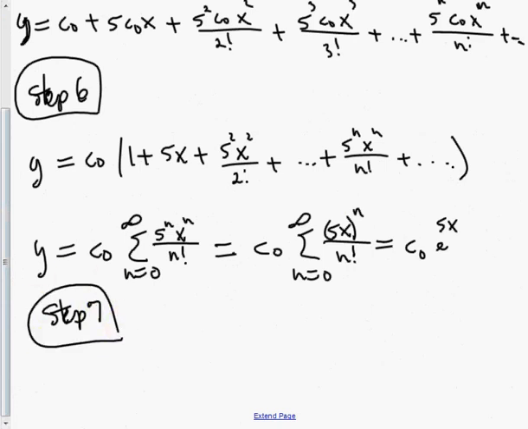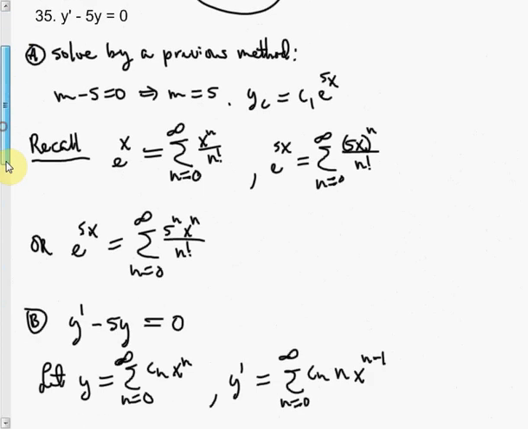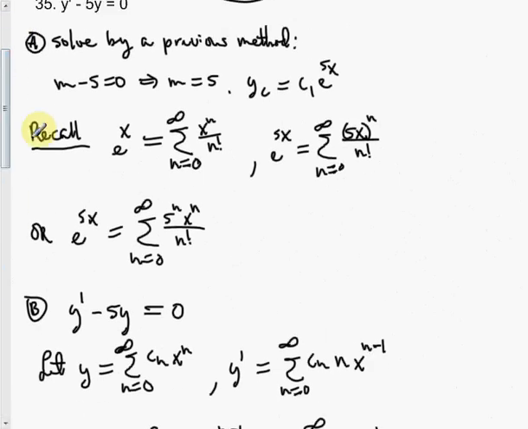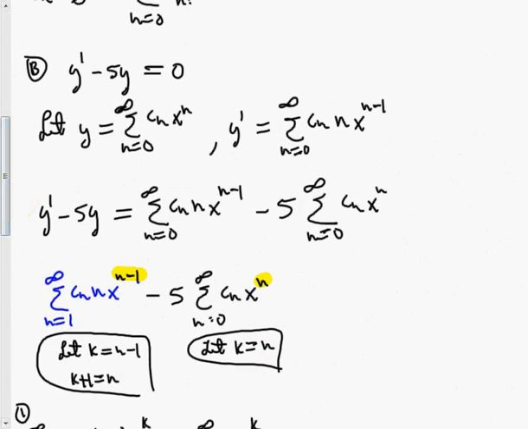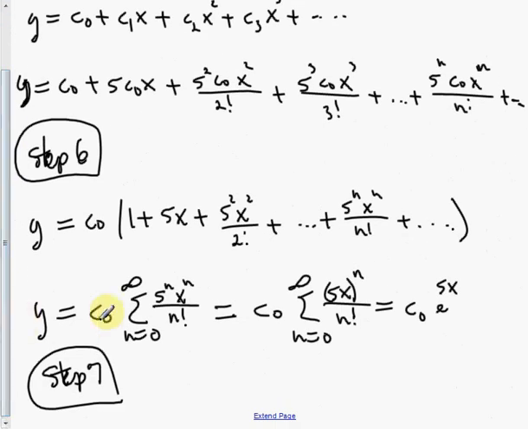Go back up above. See that when we first started that, part A, see that? E to the 5x, just based on the Taylor's expansion, is the summation of 5x to the n divided by n factorial. Well, you've just deduced that based on the power series solution, and you came up with that the old-fashioned way.